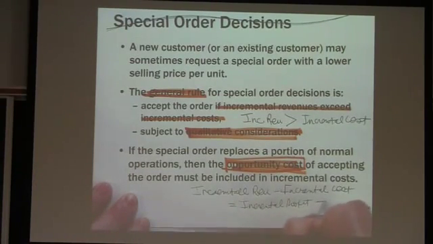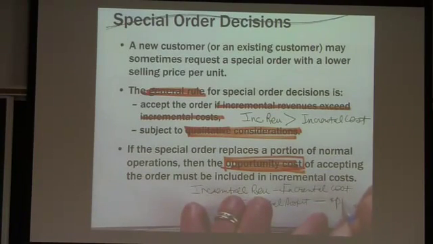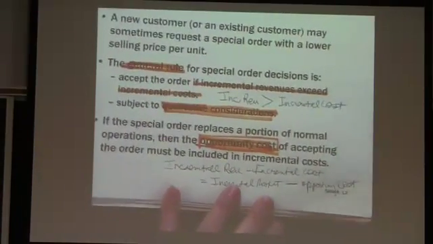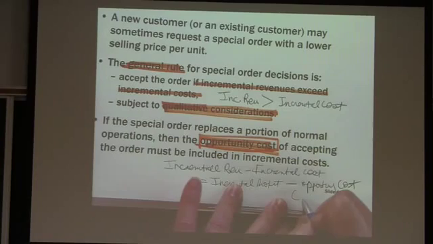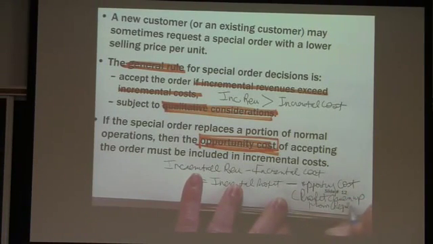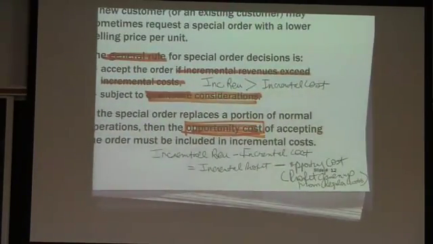But we also want to subtract opportunity cost, which is calculated as the incremental profit given up from regular customers. Okay? Sorry, I just wanted to include that in there. Okay? So that's what we're going to do to help us answer this question.